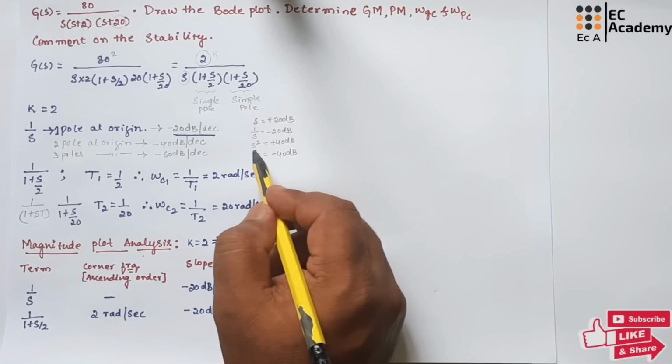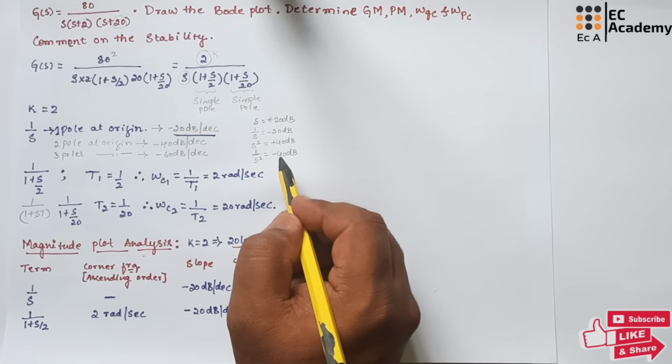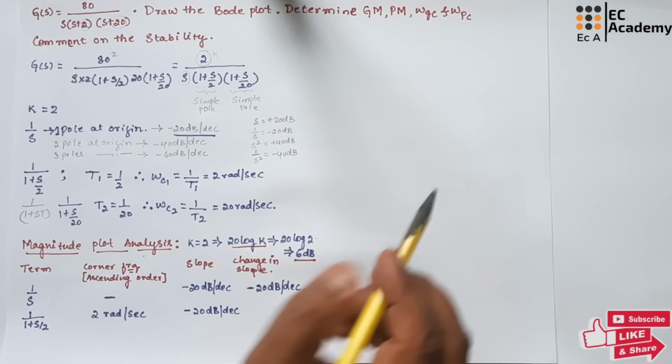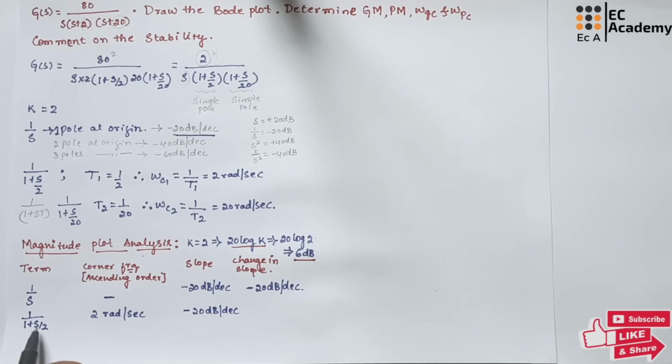If we have s cube in the numerator, we will be having plus 60 dB slope, and s cube in denominator will be having minus 60 dB slope. So here, since s is there in the denominator, we will be writing the slope as minus 20 dB. Now change in slope will be minus 20 minus 20, it will be minus 40 dB per decade.